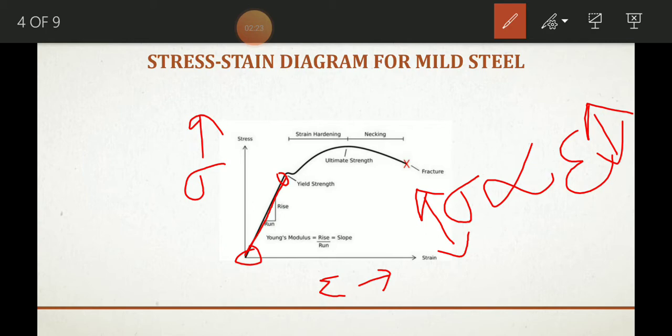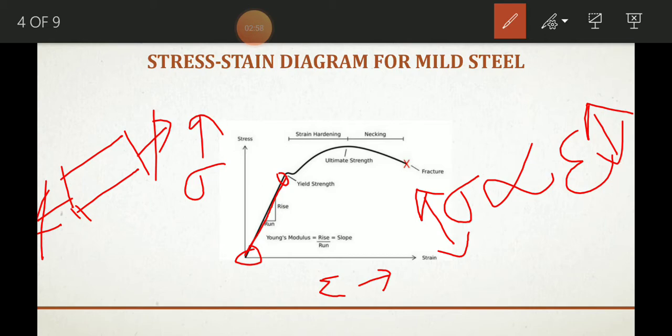Next comes the elastic limit. Now what exactly is the elastic limit? It is the point up to which the material does not enter into plastic deformation upon removing the load. What does that mean? I will show a demonstration. I will apply the load, and go on applying load, and after some time I will remove this load.